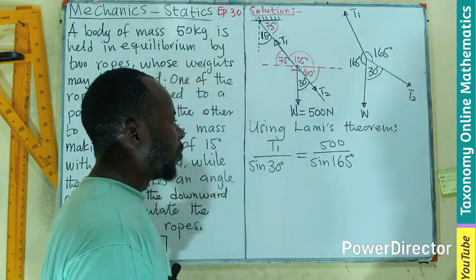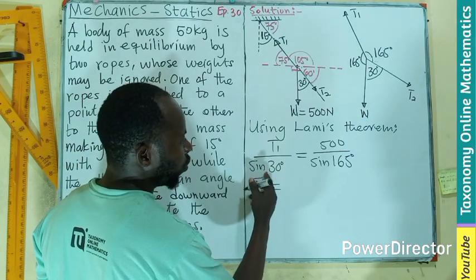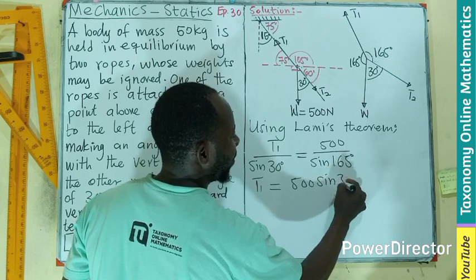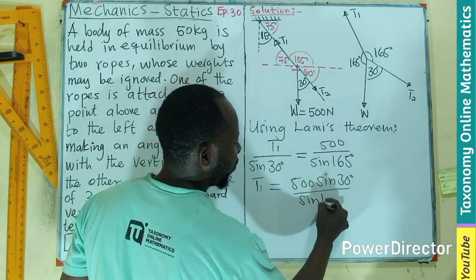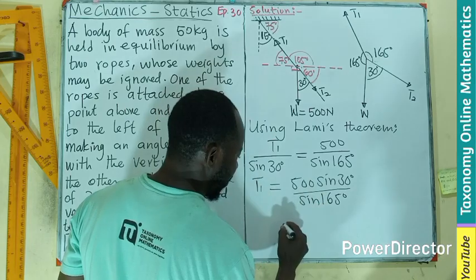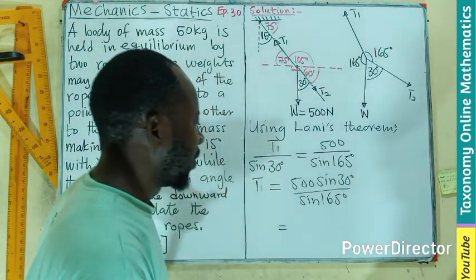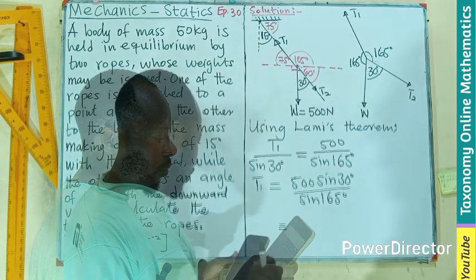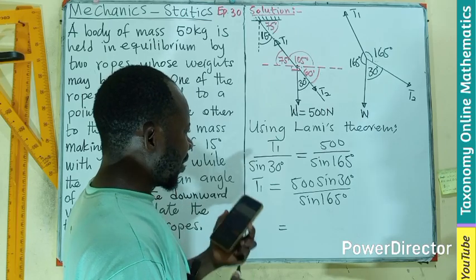All right, so what do we do? We cross multiply, right? So T1 will be equals to 500 multiplying the sine of 30 degree divided by the sine of 165 degree. We can put all this in our calculator and just find the actual value. If you put that together, leave the answer in the whole number.